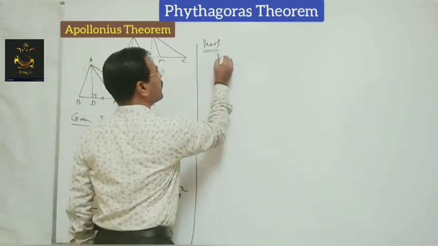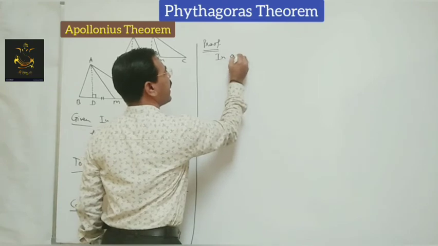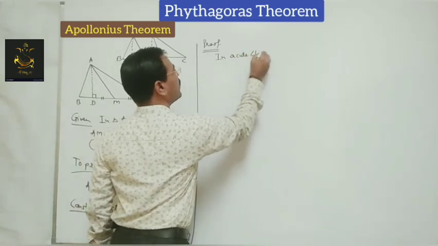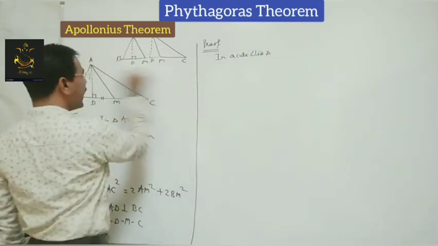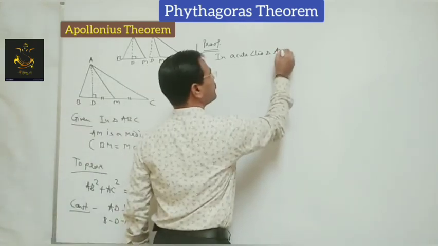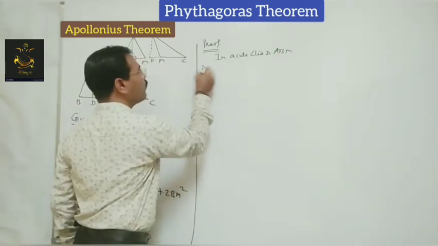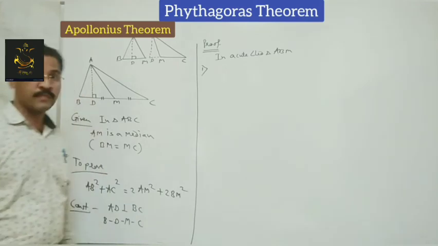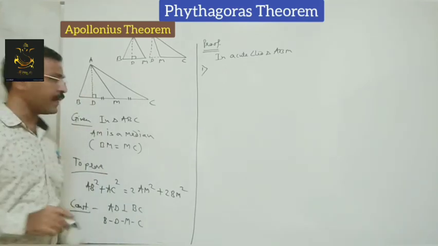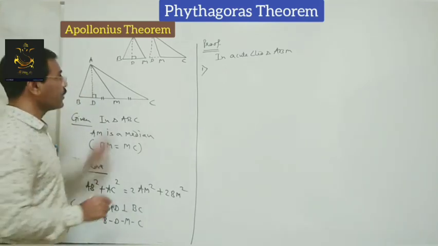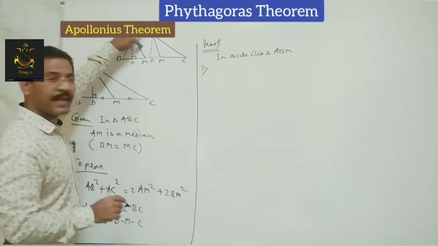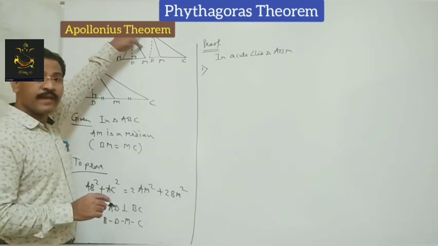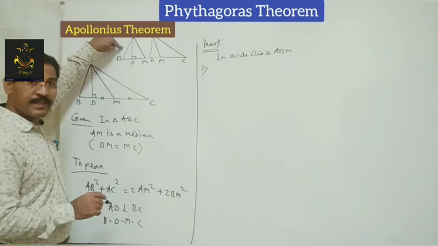Okay, see first. In triangle, or you may write here in acute angled triangle, which one? ABM. Is it correct? Okay, now we can apply Pythagoras here. Just try to remember how we can apply. We need AB square. So we can get AM square also, but here we need AB square only.